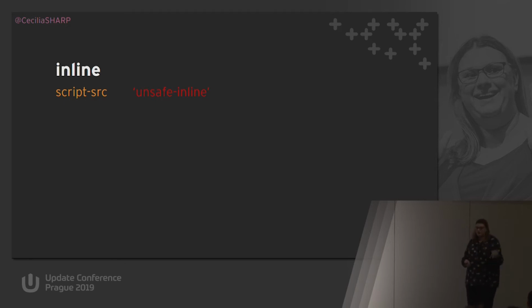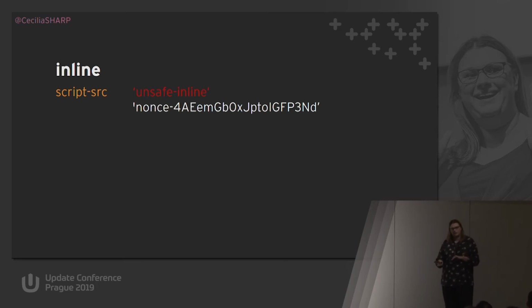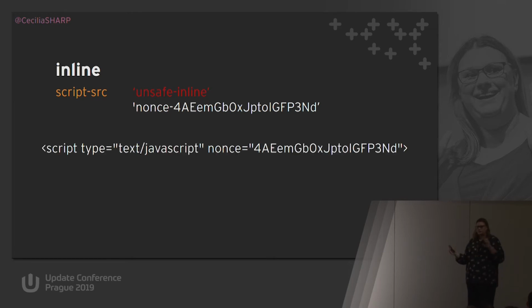If you are allowing inline script, you are allowing someone to inject script there if they find a possibility to do that. So instead, I would recommend you to use a nonce. A nonce is basically a couple of random bytes that you state in your script-src, and the same nonce you have to use in your script.